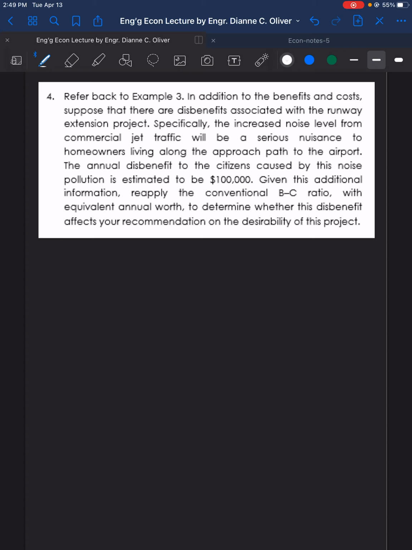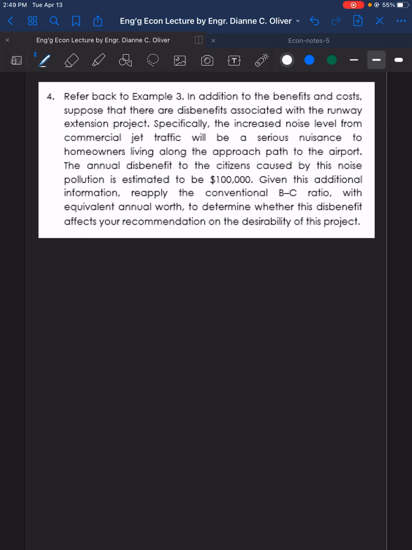The annual disbenefit to the citizens caused by this noise pollution is estimated to be $100,000. Given this additional information, reapply the conventional benefit cost ratio with equivalent annual worth to determine whether this affects your recommendation on the desirability of this project.